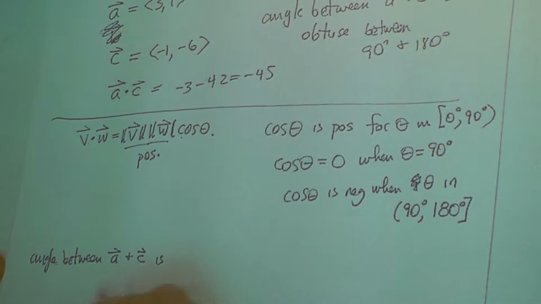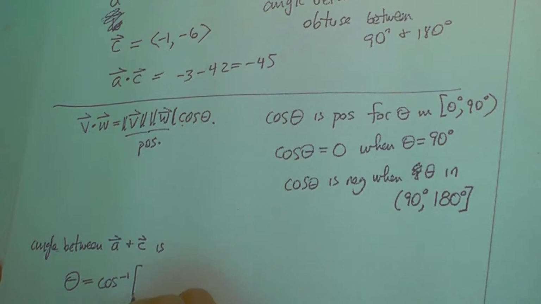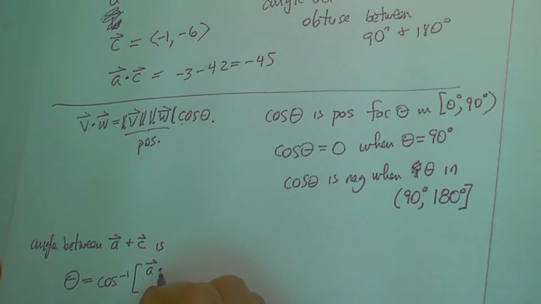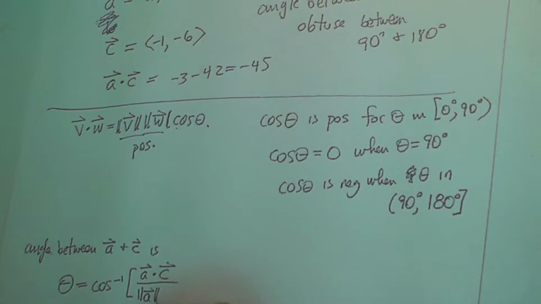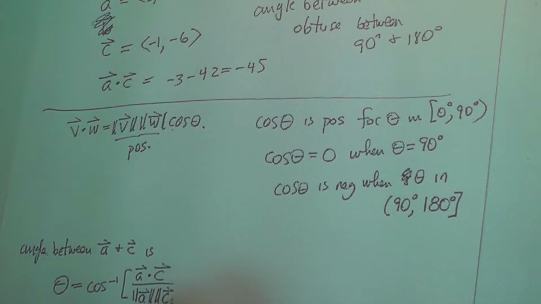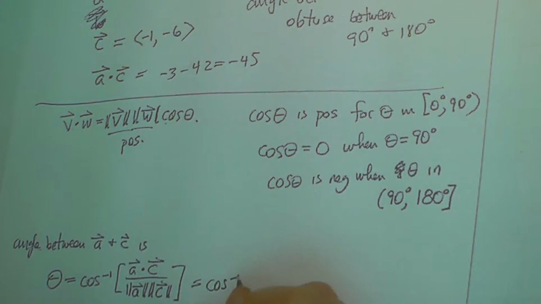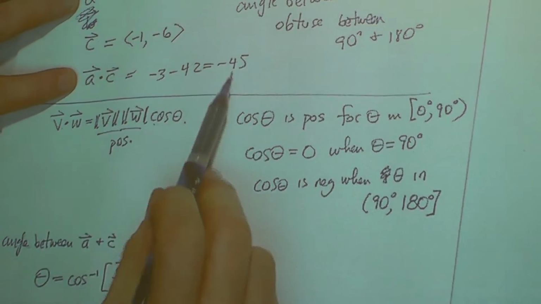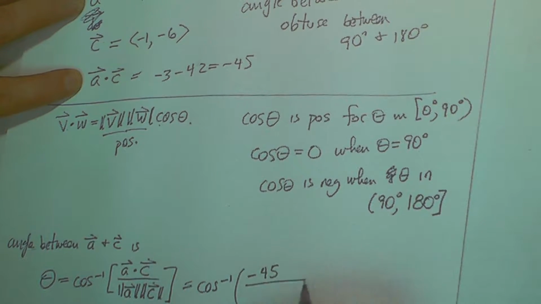That angle is the cosine inverse of A dot C divided by magnitude of A, magnitude of C. So cosine inverse of, A dot C we said was -45.